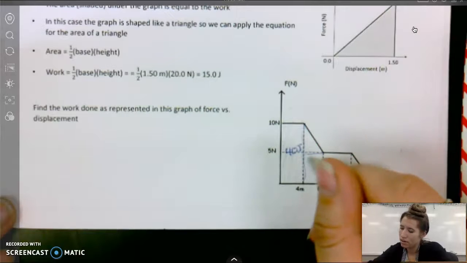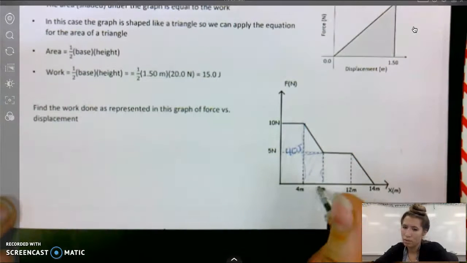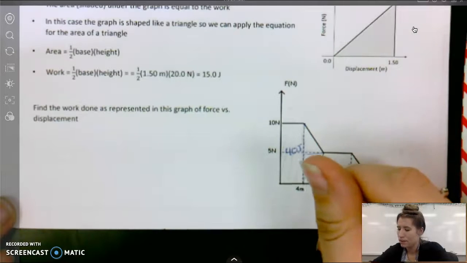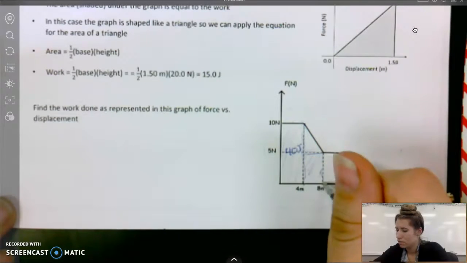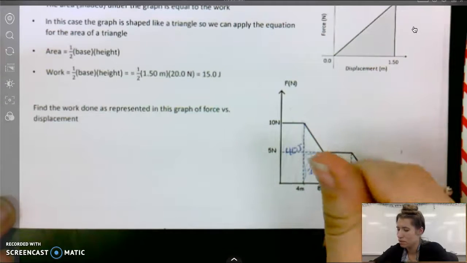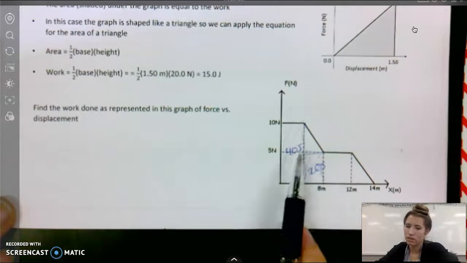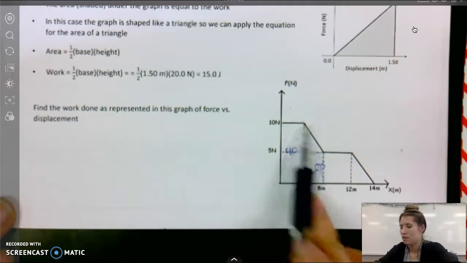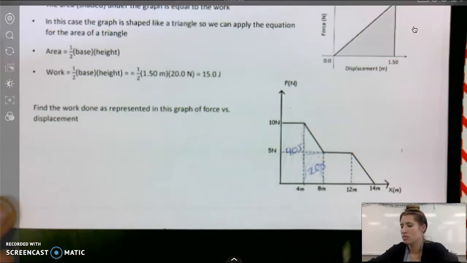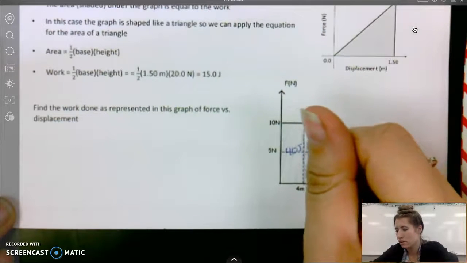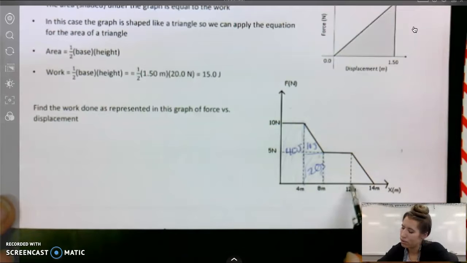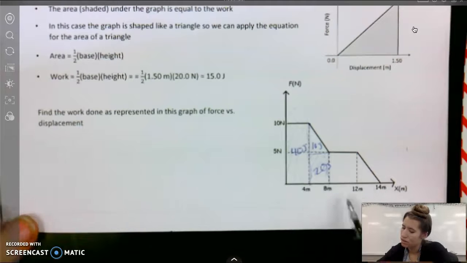And right there, from 4 to 8, base is 4, height is 5, so that'd be 20 joules. But we have a triangle, so base is 4, height is 5, so half of that base, 2, times that height, so we'd have 10 joules there, and then another 4 multiplied by 5.